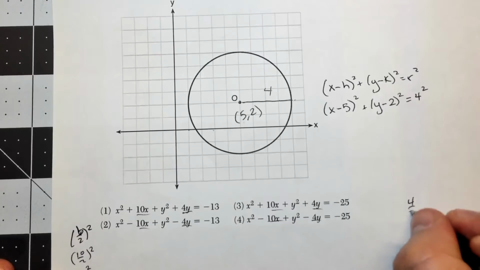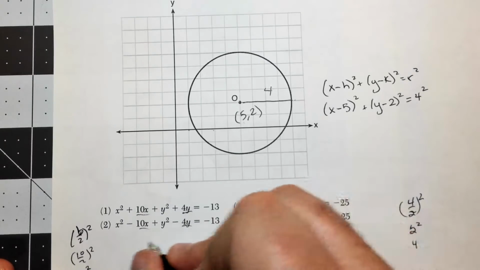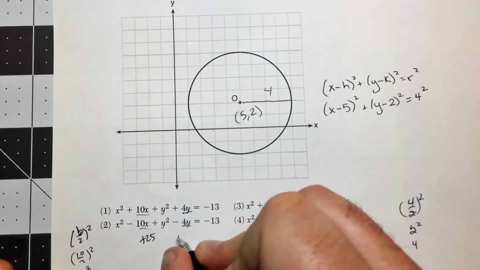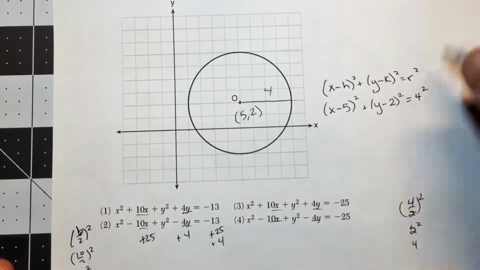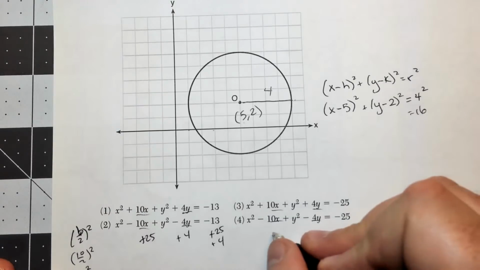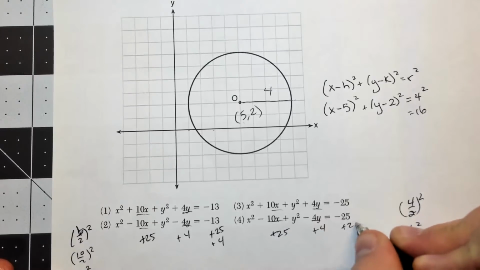And if I do 4 over 2 squared, I'm going to get 2 squared and then 4. So I know that I'm going to add 25 and 4 to these numbers, and I know that I want this to equal 16 when I'm done. So that's kind of the way that I could go about doing this.